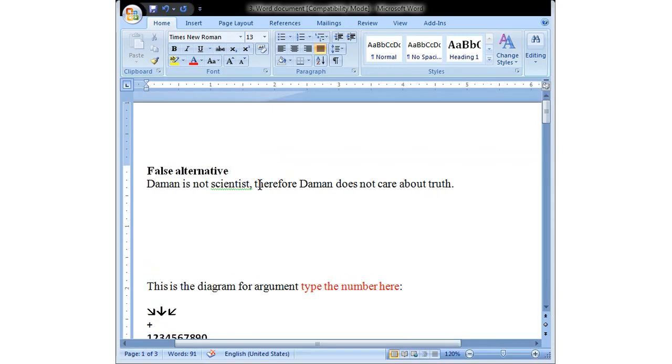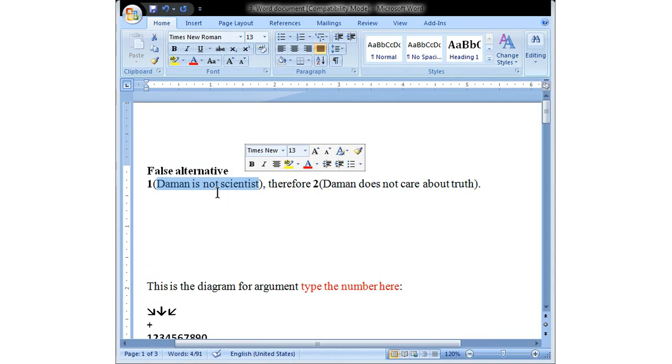So remember, what's the conclusion here? What comes after the therefore, right? So the man does not care about truth. That would be the second proposition that shows up here. The first one is that the man is not a scientist. And remember, fallacies are errors in reasoning, and they pertain to arguments. Arguments are attempts to derive a conclusion from a certain premise or premises, right? So the man is not a scientist. That's true.